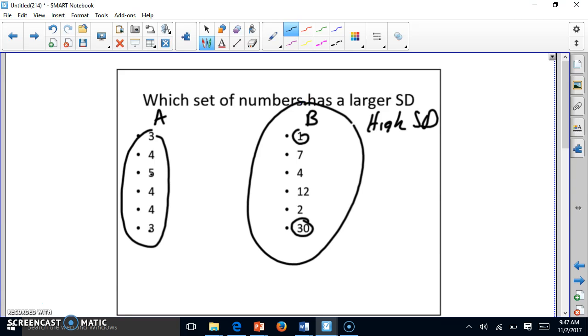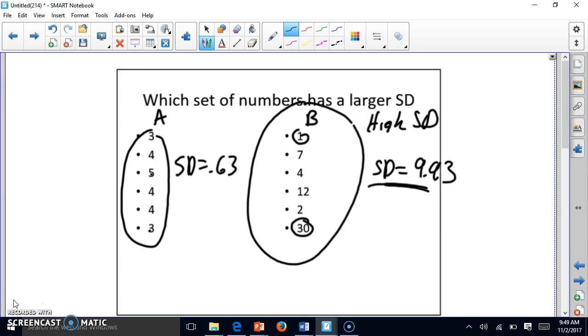I did the math, and the standard deviation for this set of numbers is 0.63, and for this set is 9.93. Again, you will never have to calculate it. The point is you know what it means. The higher the standard deviation, the more spread out the numbers, or the more different the numbers are from each other. The smaller the standard deviation, the closer the numbers are together.